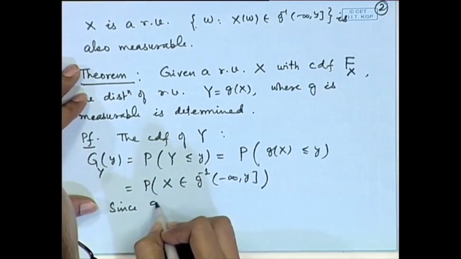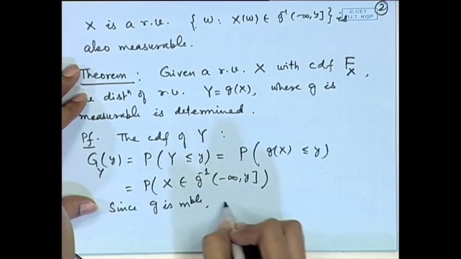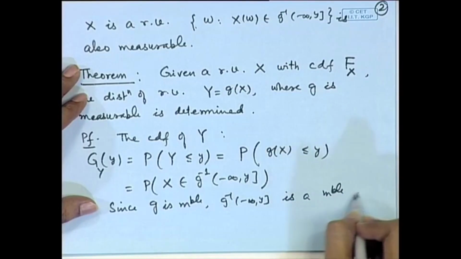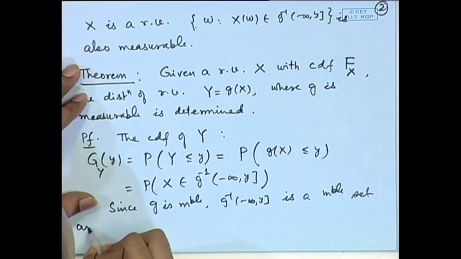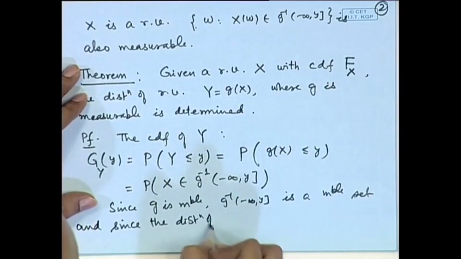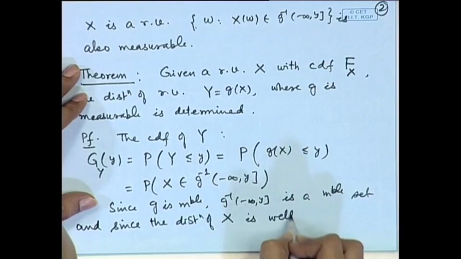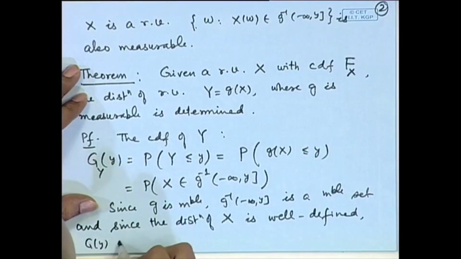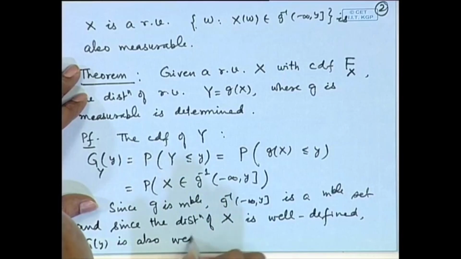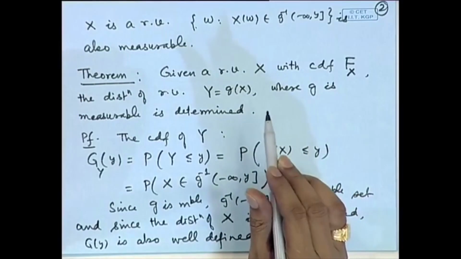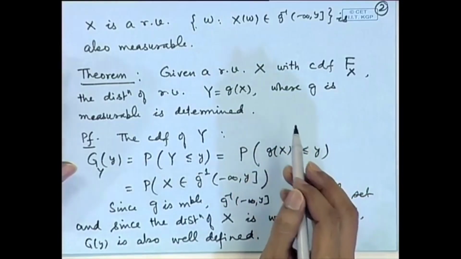Since g is measurable, g inverse of minus infinity to y is a measurable set, and since the distribution of X is well defined, G(y) is also well defined.